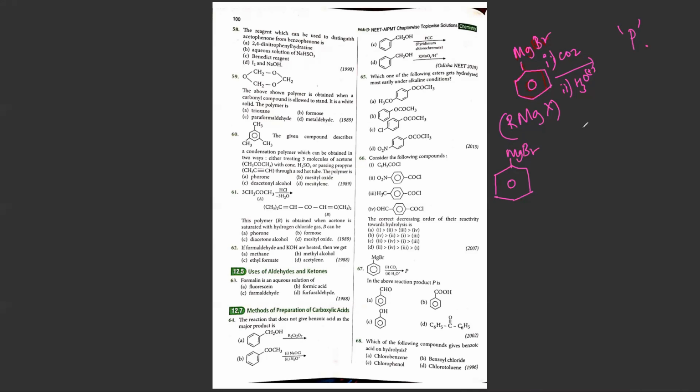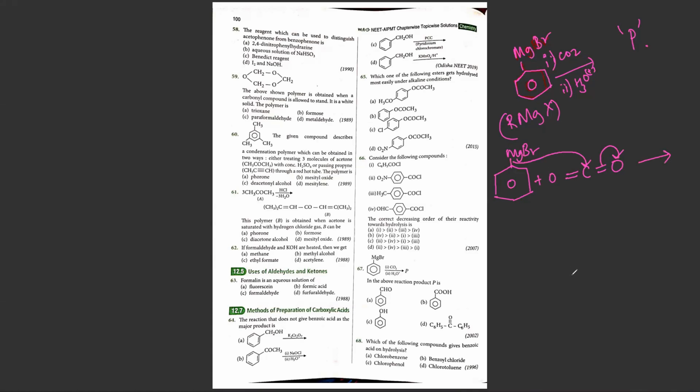MgBr, so carbon dioxide. Yes, B is the right answer. We'll see how it is. So this is carbon dioxide. What will happen here? This will attack at this carbon, and in turn there will be bond movement.